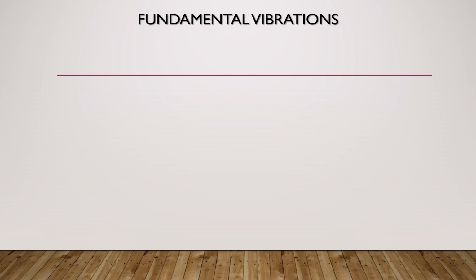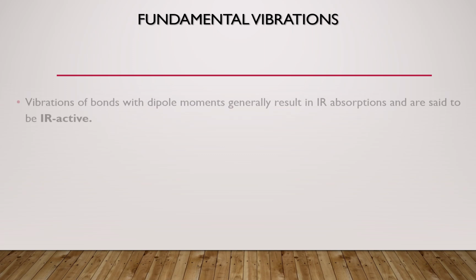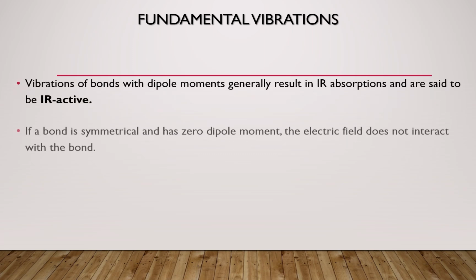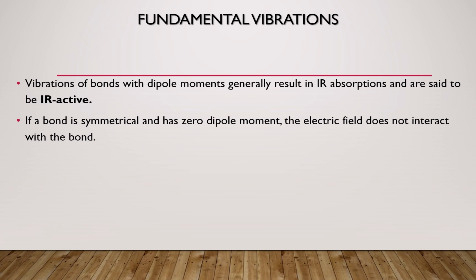Mostly, a symmetrical molecule has a dipole moment of 0. For example, carbon tetrachloride is a symmetrical molecule. Here the dipole moment is equal to 0, so this molecule is IR inactive.